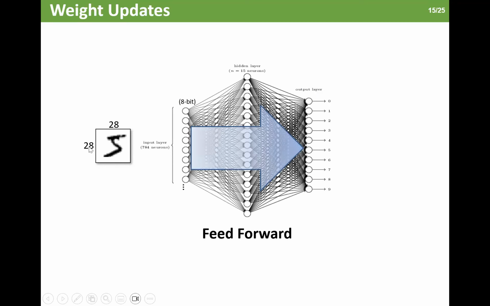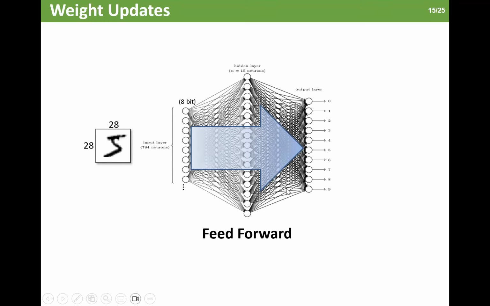Right, 28 times 28 is 784. So we feed this into what is called the input layer. And then here we have one hidden layer with 15 neurons. Okay, so this is what I was saying, a fully connected layer, also known as a dense layer.